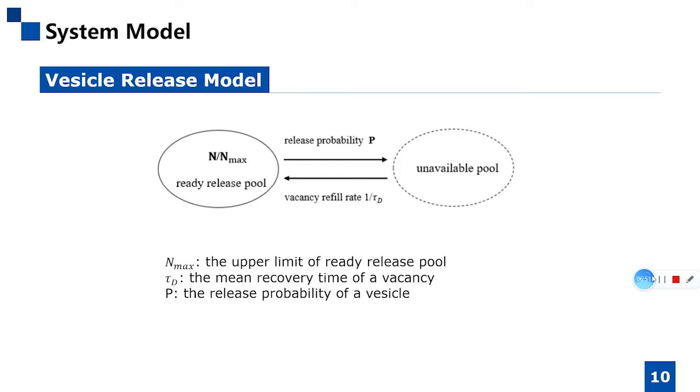Once a vesicle is released, there is a vacancy in RP, and the vesicles further away from the presynaptic are refilled into RP until the number of vesicles reaches a max.